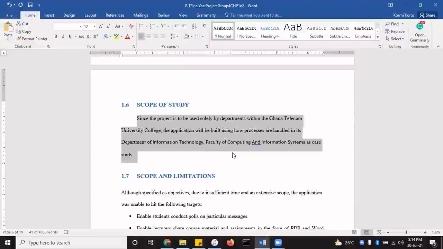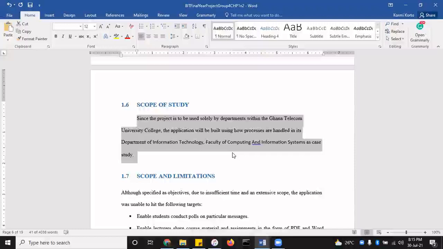For instance, since it's going to be a messaging app, you don't expect it to be handling news or blogs or course material such as past questions. I don't know if it was part of the objectives or not, but you have to basically indicate the range or the scope within which the application is supposed to run.